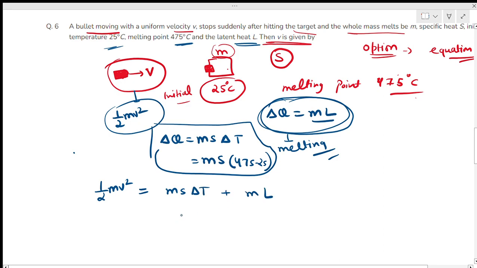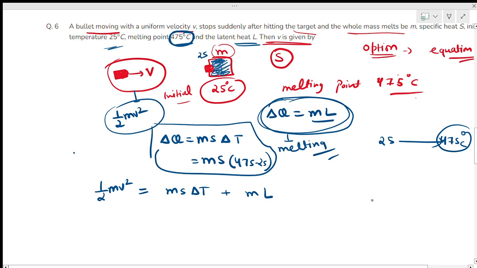Don't cram the equation, try to understand the concept. It will first raise the temperature of this substance, and when the temperature reaches this value, the rest of the energy from half mv square is used for melting.